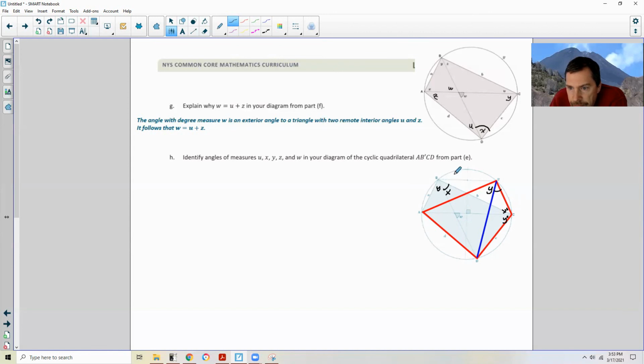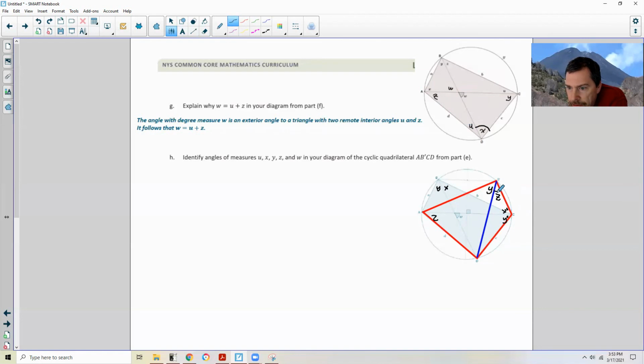So this is X right here. And this would be Z. If you look at Z right here, CAD is Z. So this is Z here, from C to A to D, intercepting CD.